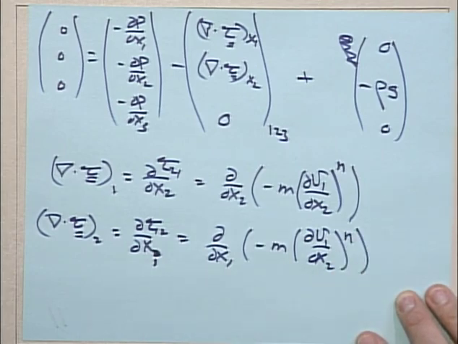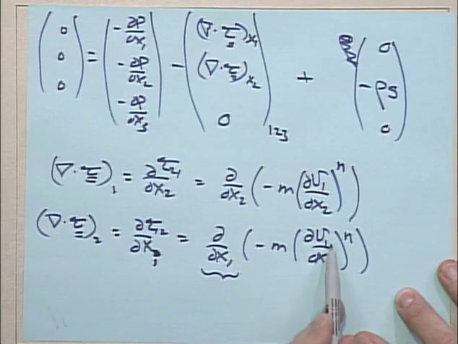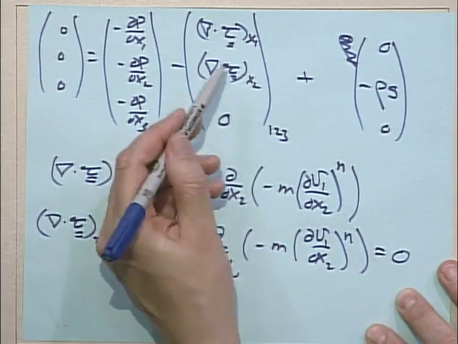Why? Right, not a function of x1. So this is the velocity, which is a function of x2, and when you take its derivative, you'll get some function of x2. But this is only a function of x2, not a function of x1, so the whole thing goes to 0. So even this is 0.